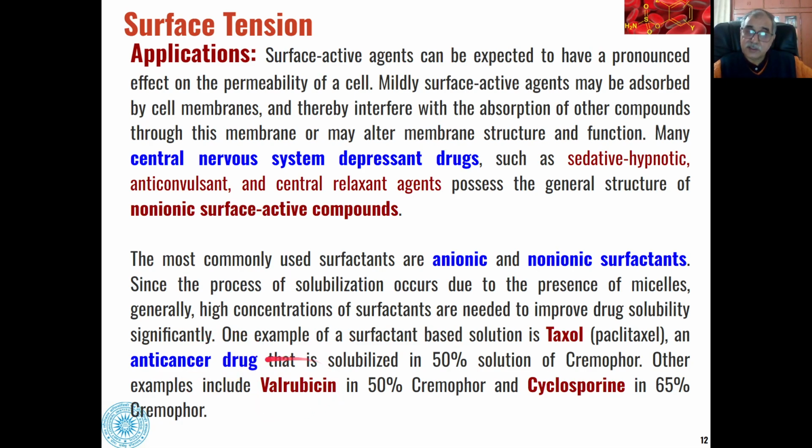Similarly, other drugs like valrubicin are also used as a surfactant-based solution of 50%. Then cyclosporine is also used as a surfactant-based solution in 65% Cremophor. So these are some of the applications of surface active agents.